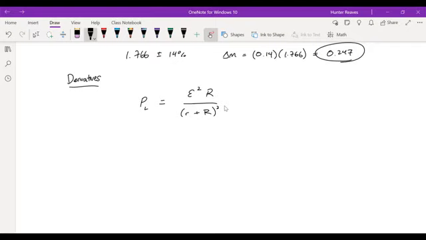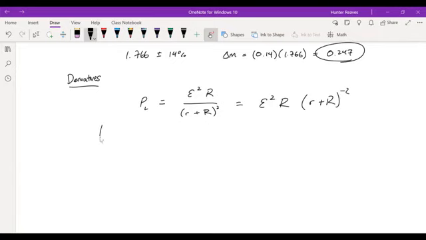It seems kind of like a dumb thing to say, use the product rule for this when it's obviously a quotient. Well, remember, you can represent it as a product. So you can say epsilon squared times R times r plus R now to the minus 2 power, because we flipped it up to the numerator. So this will make it easier to take this derivative than to use the quotient rule here.